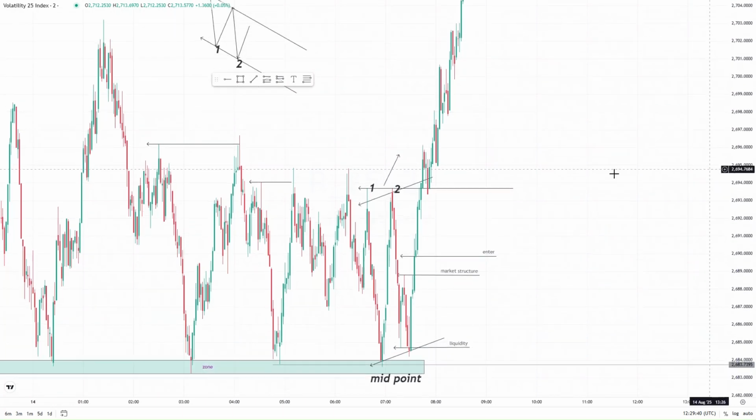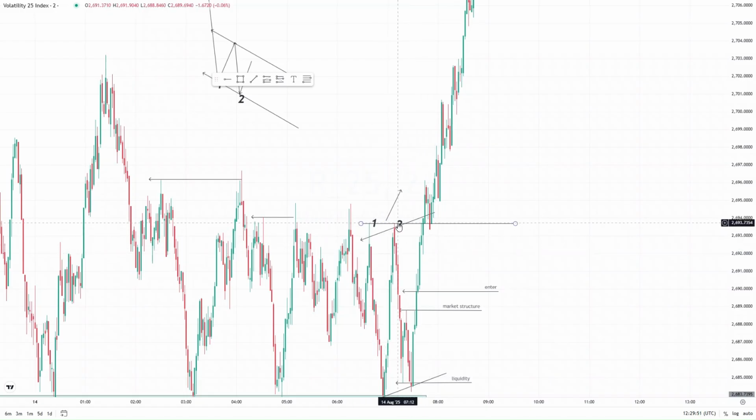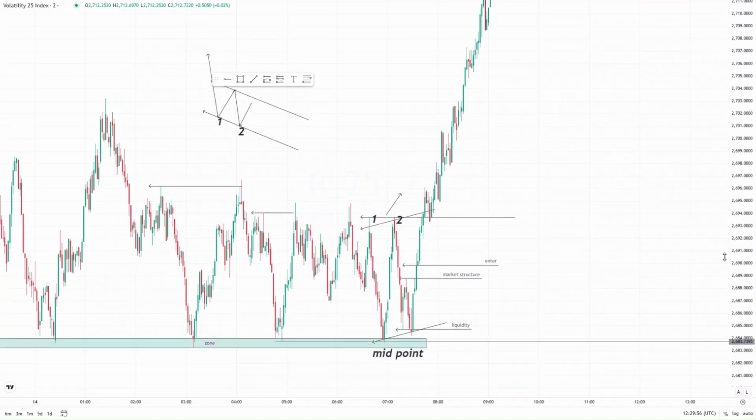And notice how number two was broken. I mean, number one was broken here. And notice how this midpoint wasn't broken. So that just gives you an idea that price is really trying to push higher. So we should expect that push in the third break, which is this one.